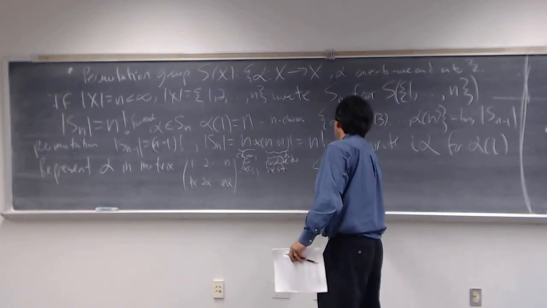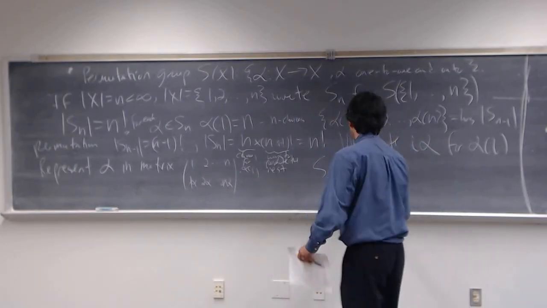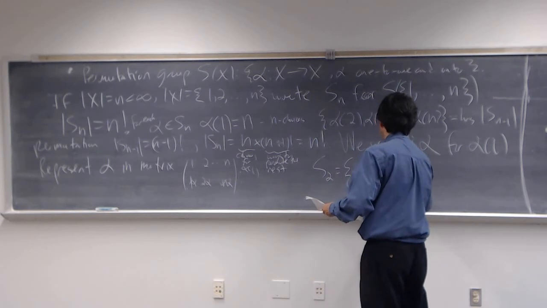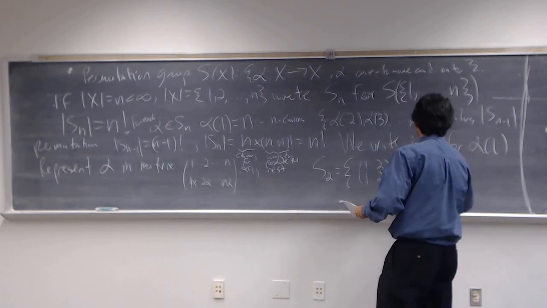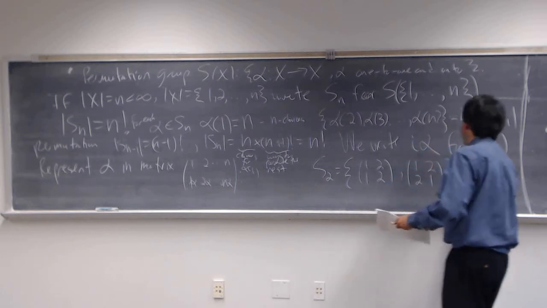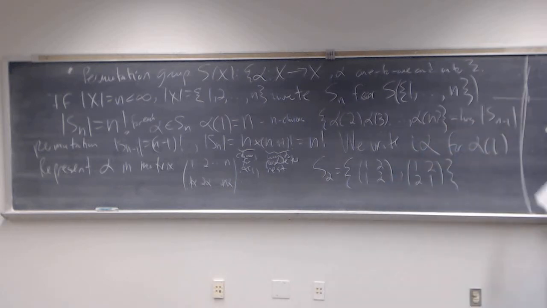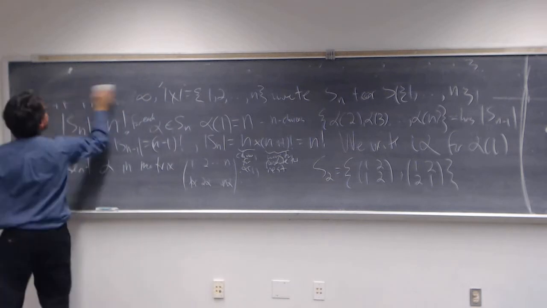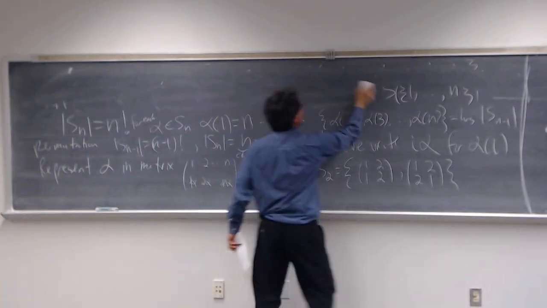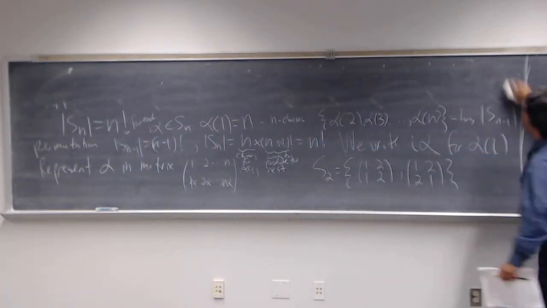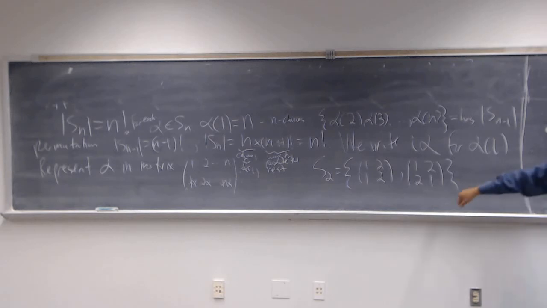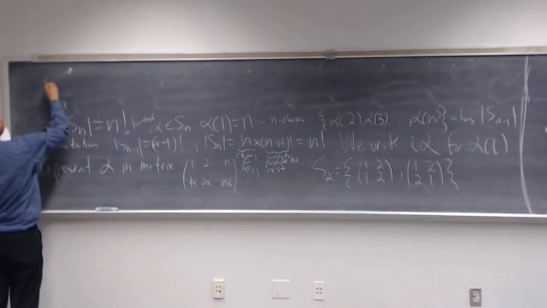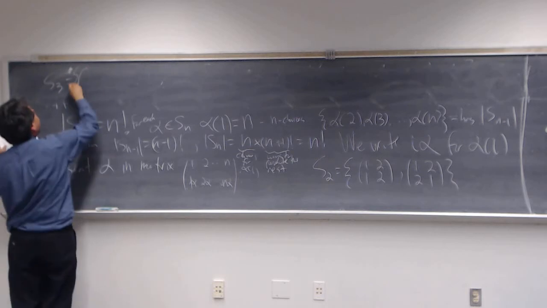So let's look at S2, how many permutations there are. There's the identity permutation, and the only other permutation would send 1 to 2 and 2 to 1. And that's a pretty bulky notation. We'll soon move forward onto how to decompose them in a more compact notation.